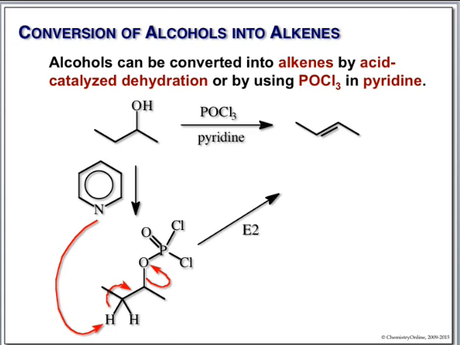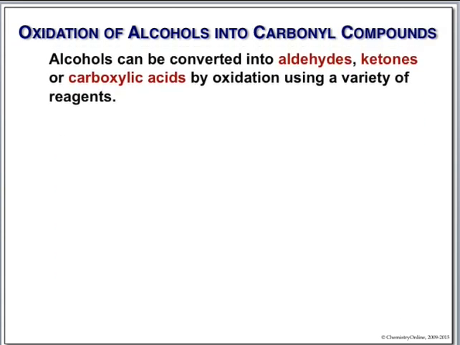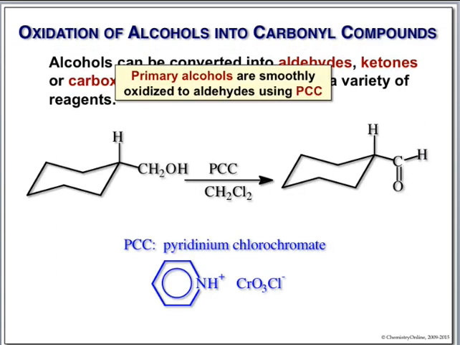All right, so we can do alcohols to alkyl halides. We can do alcohols to alkenes, two ways, one that's civilized and one that isn't. We can also oxidize. That is, we can go back from an alcohol to a carbonyl. Now there are two reagents really that we're going to talk about. One is pyridinium chlorochromate.